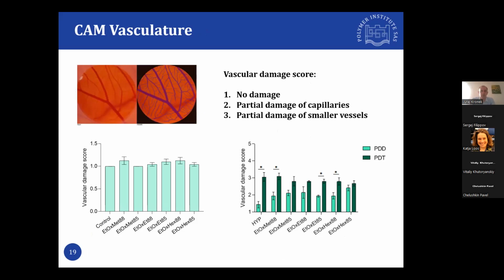It means score 1 is no damage. And then when we compared the treatment after irradiation and the effect of photodynamic therapy, you can see that produced oxygen species were able to damage capillaries and also smaller vessels.